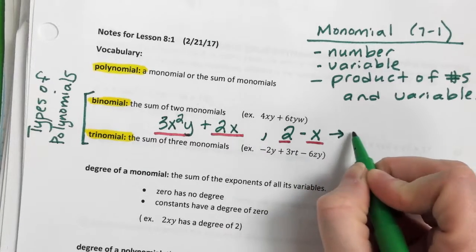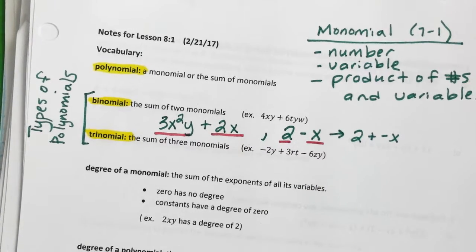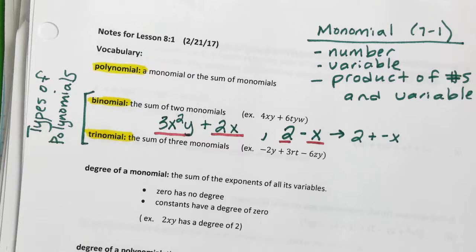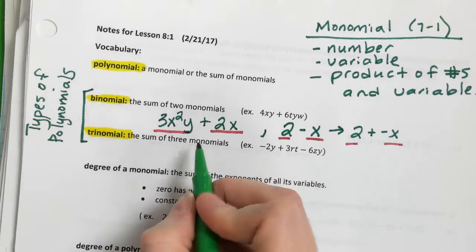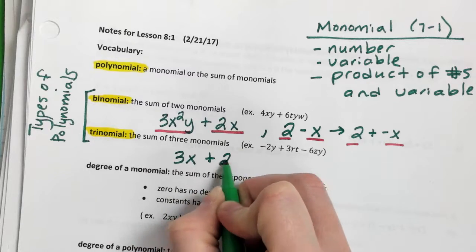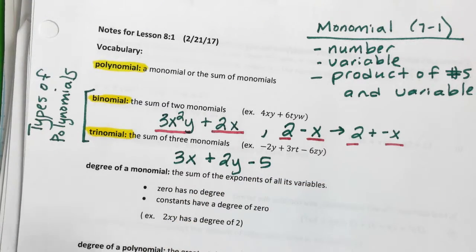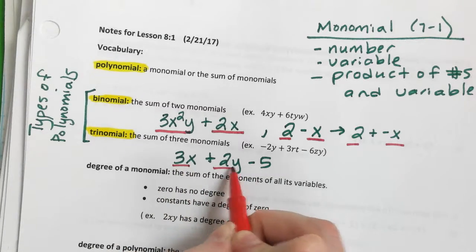You could also write this like this. It's because you could write it as a sum. That's why they say it that way. But either way, it's still two monomials. Three monomials is a trinomial. That's something like this. This is a trinomial because it's three terms: 1, 2, 3.